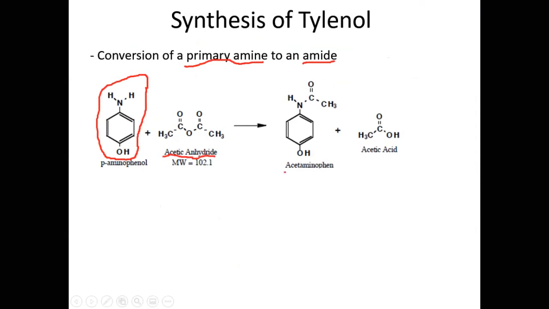We get acetaminophen or amide, and we get a byproduct, acetic acid. And again, acetic acid has a very unique smell to it. So when you're doing this synthesis, you have to make sure you really wash the product in order to get all the acetic acid out of the product.